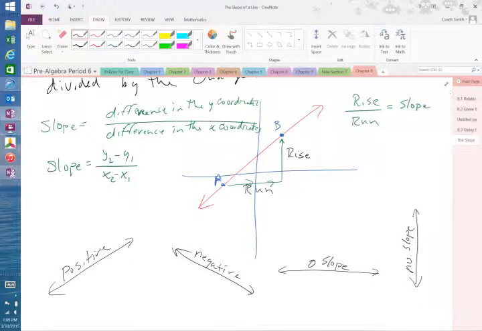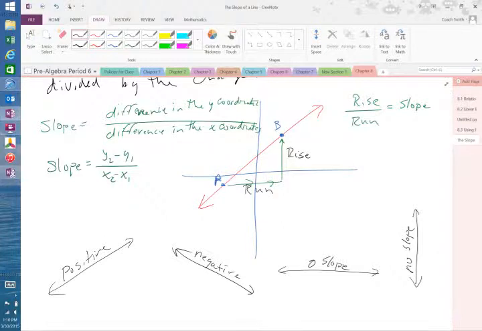I can prove that to you mathematically, but here's how you can know by using the formula. When you use your formula for slope, if the denominator ever ends up being a zero after you subtract, then you've got a vertical line. You can't have a 0 in the bottom, or the denominator, of a fraction.